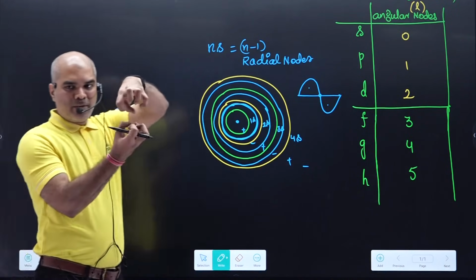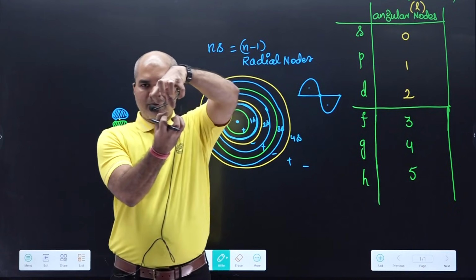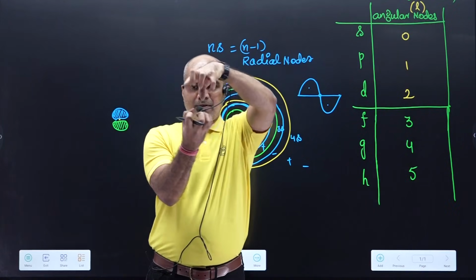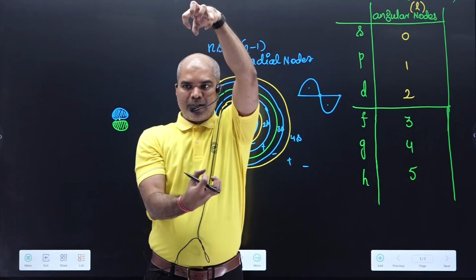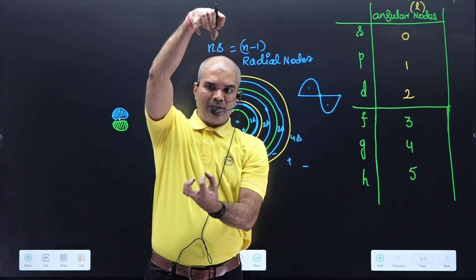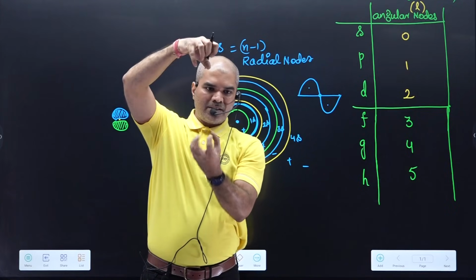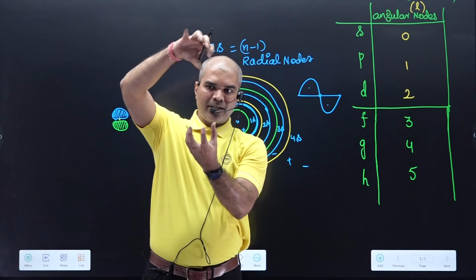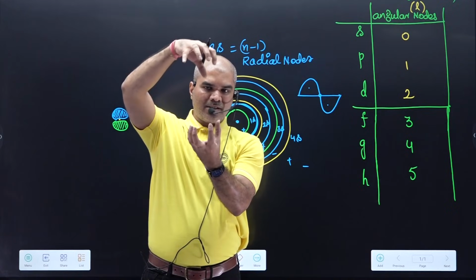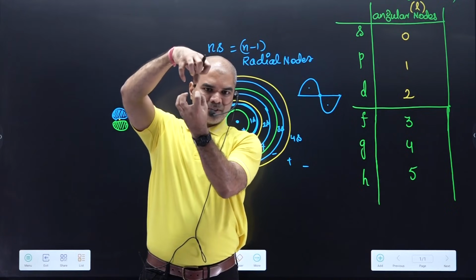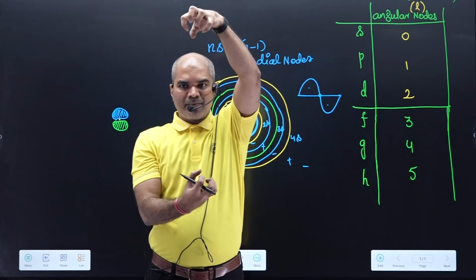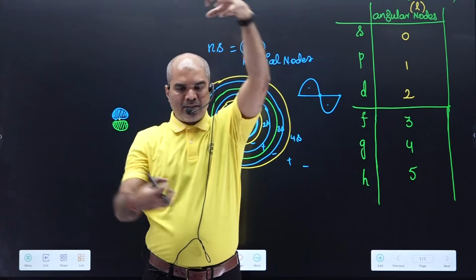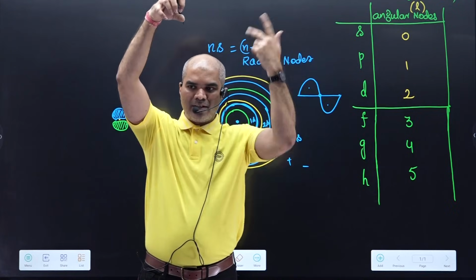So if this is 2p, just imagine this is 2p orbital. How is 3p? This is 3p, 4p, 5p. So what is the difference? If this is plus minus, just you take right hand as plus, left as minus. Plus minus, two lobes. This is for 2p. 3p will be like this. This will be minus, this will be plus. 4p, and that will alternate.